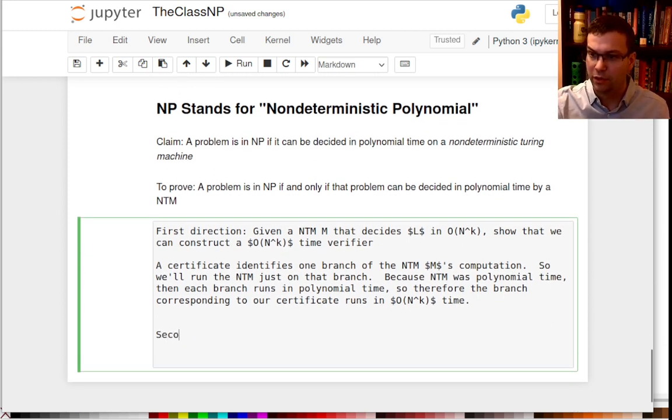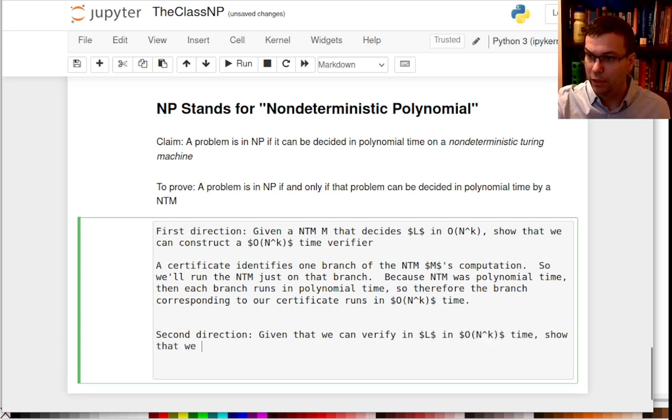The second direction is, given that we can verify, so the first definition that I gave, given that we can verify L in O of n to the k time, show that we can construct an NTM that decides the problem in polynomial time.